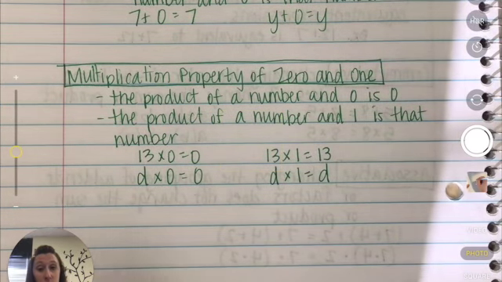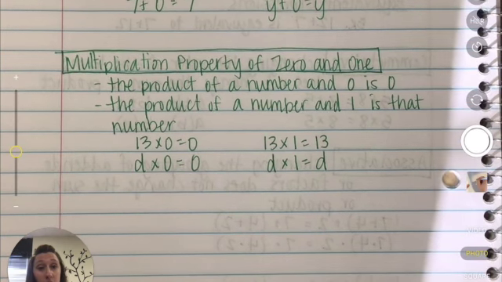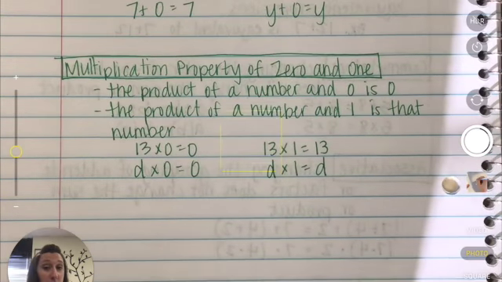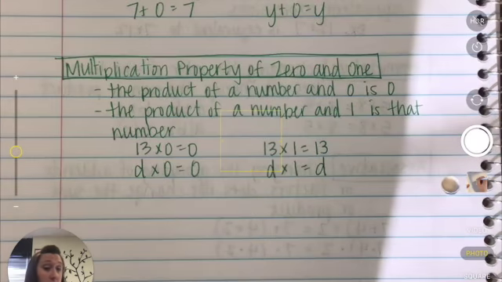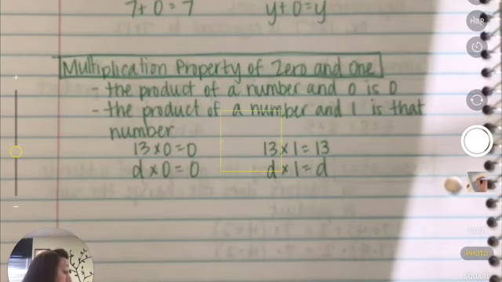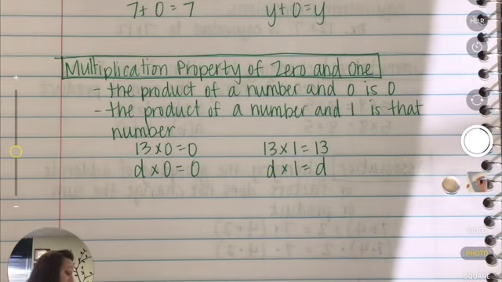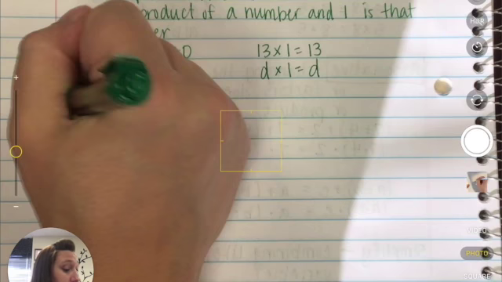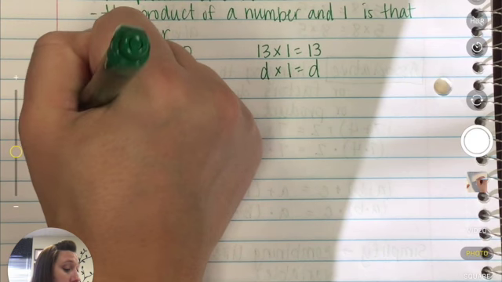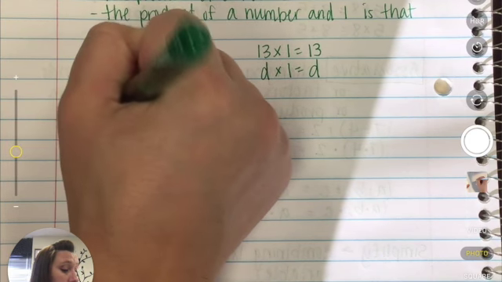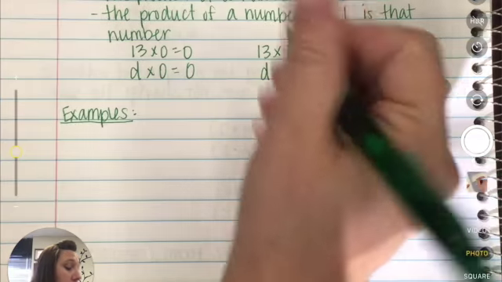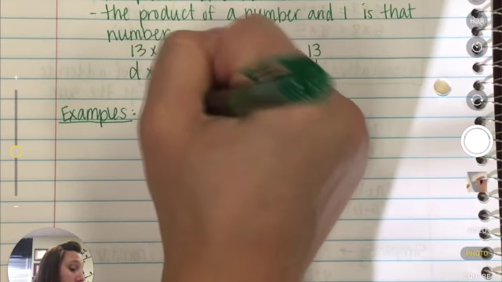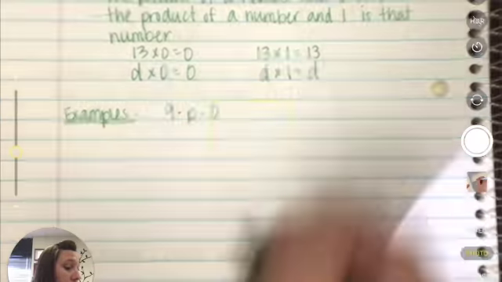So we can use those along with the associative and commutative properties, again, to simplify expressions. You may have seen some things like this. When we're simplifying, let's say I have 9 times p times 0.